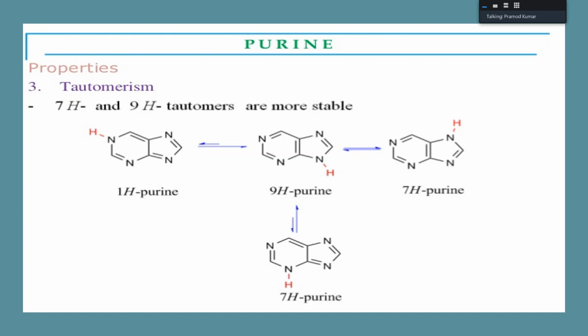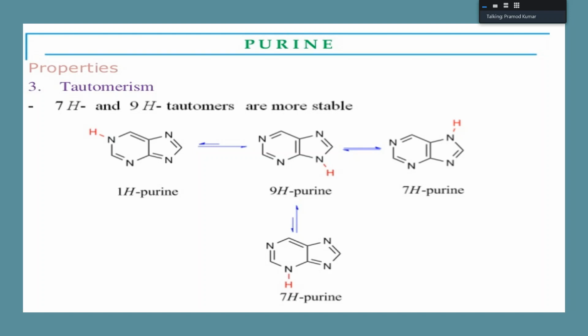The position can also go to 7, giving 7H purine. So these are some of the more stable tautomeric forms of purine. Just remember this because it is very important. It plays a very important role in the design of anti-cancer drugs.